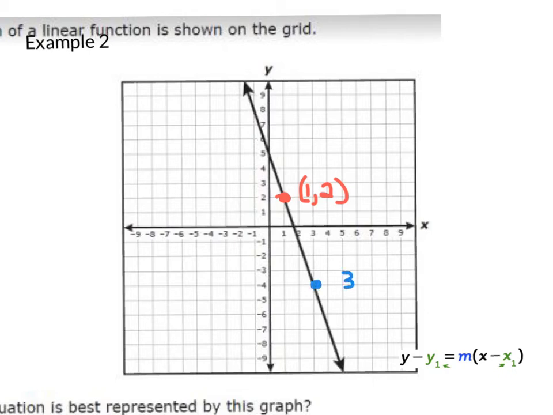This is a +3 on the x, and then a -4 on the y value. So that's another one that's possible, all right? And there's a bunch of them actually. So here's one right here. That would be at +2, -1, all right?